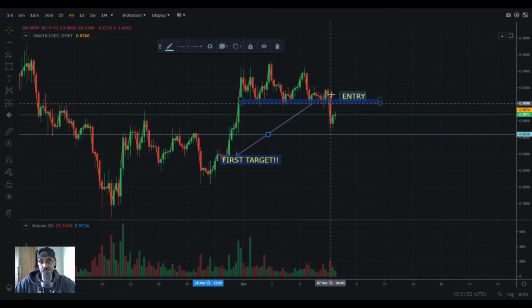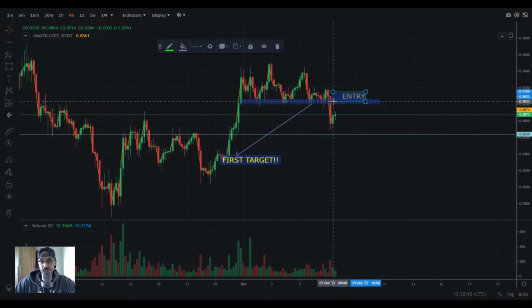So what do I mean? Look at this as a nearly perfect example. We broke through the supports, and then it's looking like we're going to come back up to retest anywhere in this region there. Hence why I put entry, because technically we can enter as soon as it gets touched here, or if it gets touched somewhere over here.